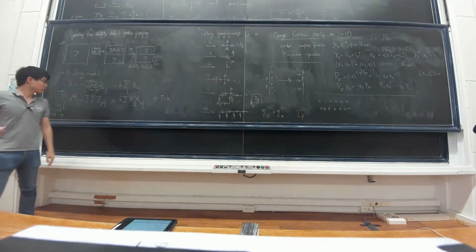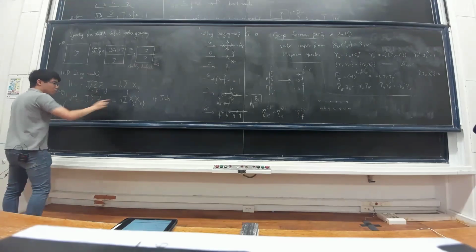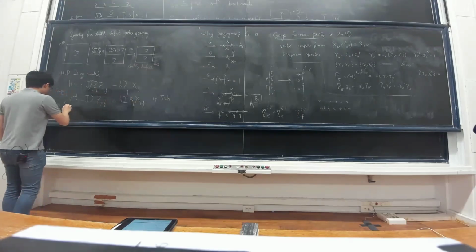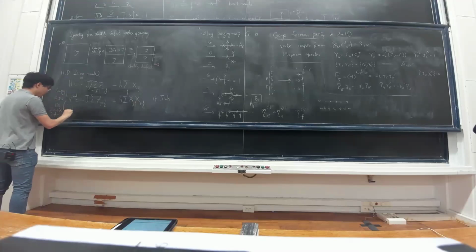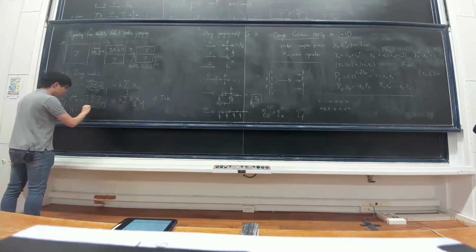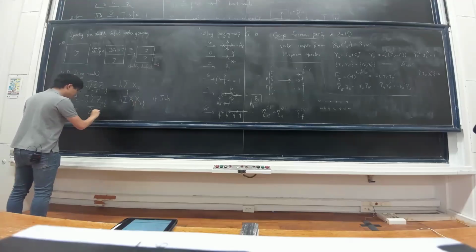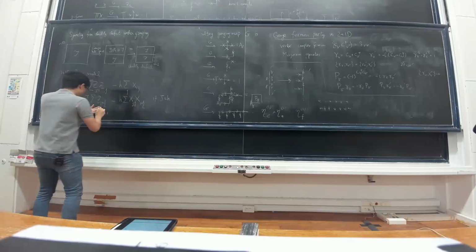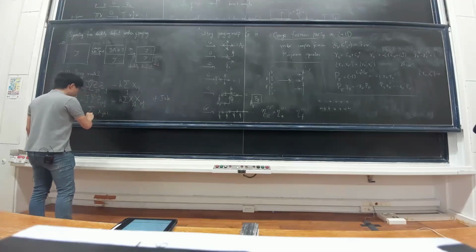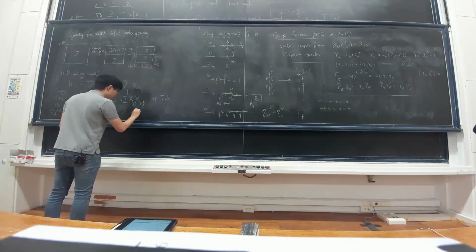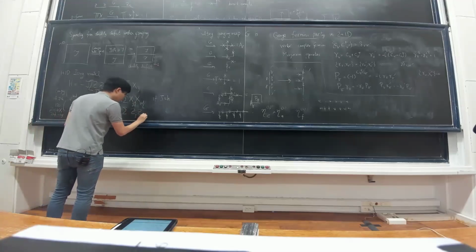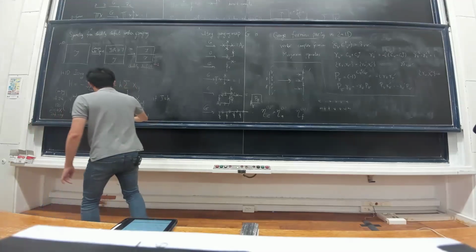So then this becomes Z_{j+1}, X_{j+1}, and then becomes B_j.